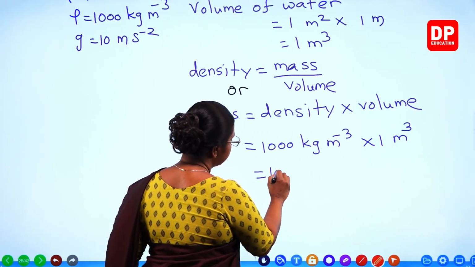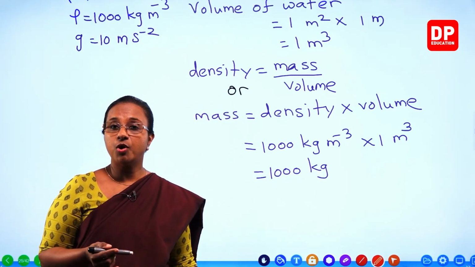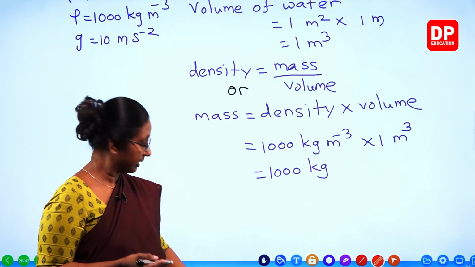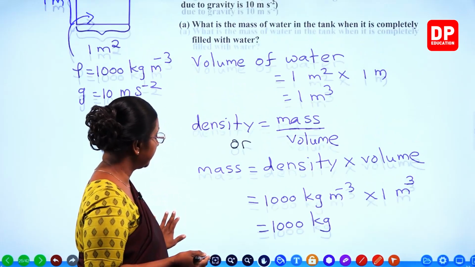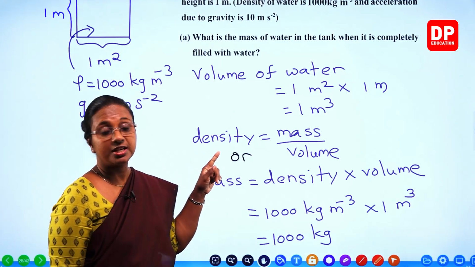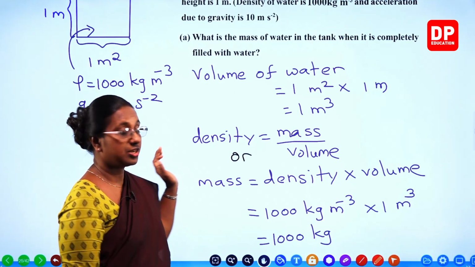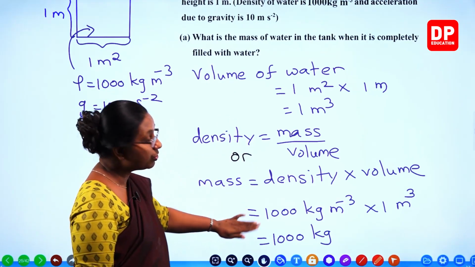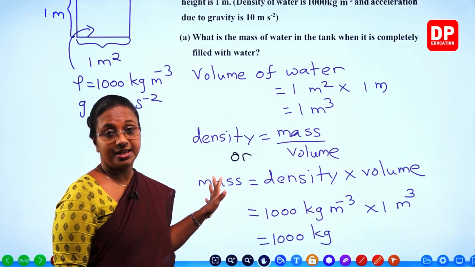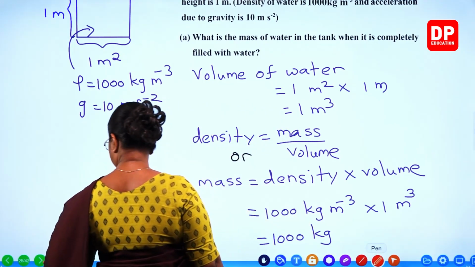So, you get the answer as 1000 kilogram. That is the mass of water contained in the tank. Because they have given the specifications of the tank, height 1 meter and the cross-sectional area 1 meter squared, and the density and gravitational acceleration are given to us. So, we don't need to use gravitational acceleration here. Is that clear? So, with that, I'll move on to the next one.